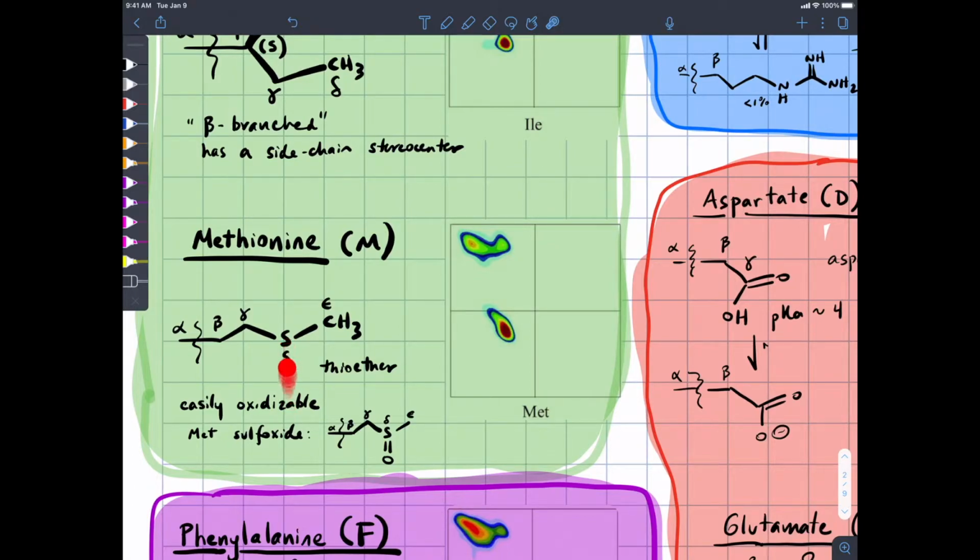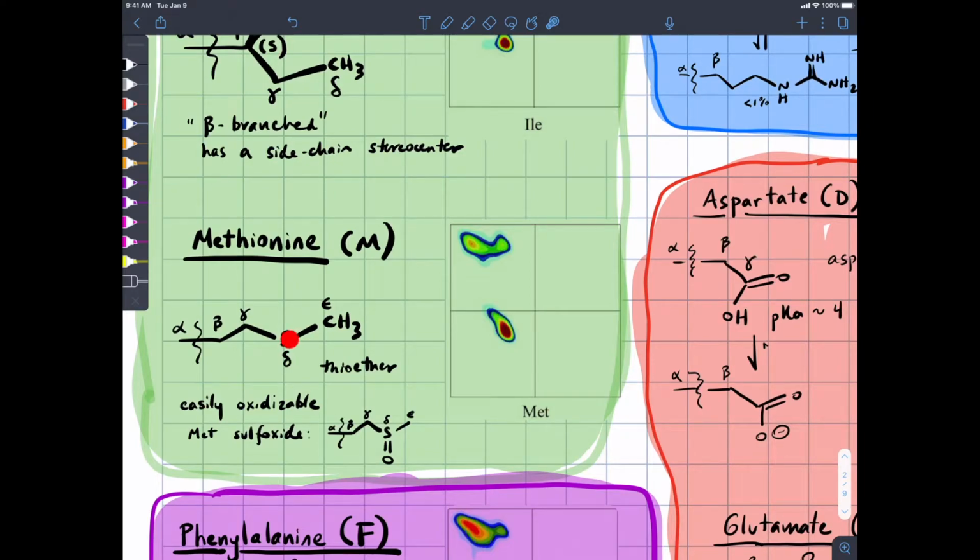If you put something else here, the sulfur becomes positively charged, and the methyl group gets reactive. And so if you want to do SN2 reactions in biology, you'll often use something called S-adenosyl methionine, or SAM. As it is here, though, it's relatively nonpolar. It's comfortable in alpha helical context, a little bit less in beta strands.